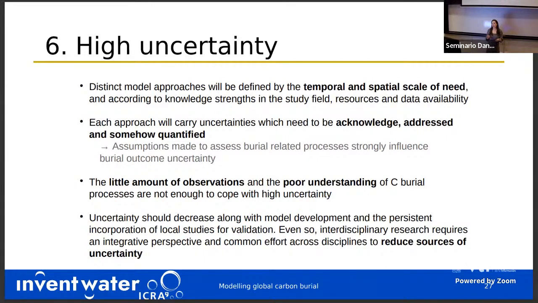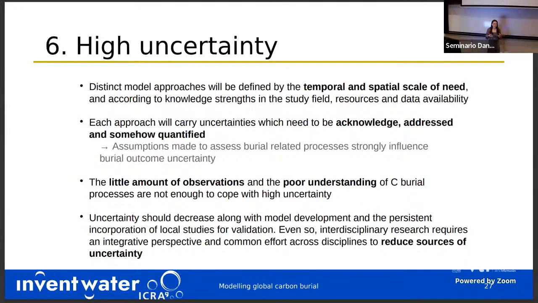Each approach will carry uncertainties which need to be addressed, acknowledged, and somehow quantified. Every assumption we make related to burial processes will influence the outcome, and the little amount of observation and the poor understanding of carbon burial processes are not enough to cope with the uncertainty.